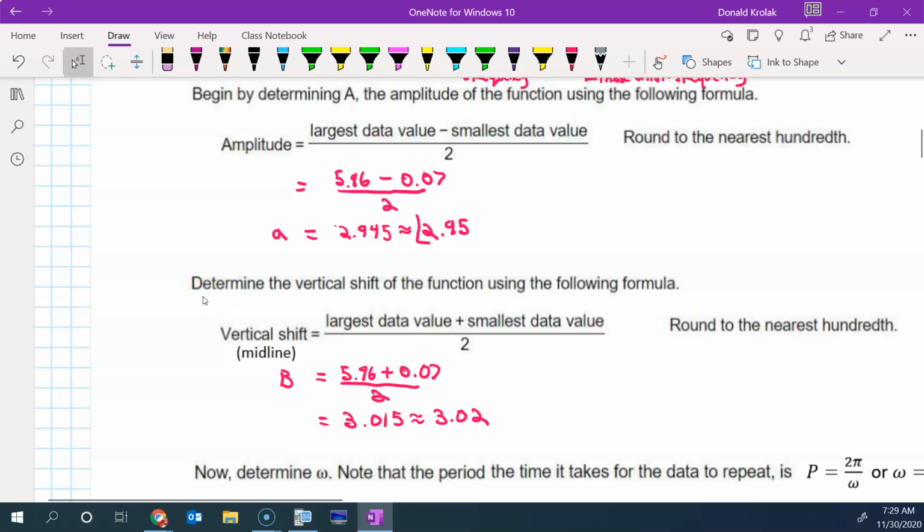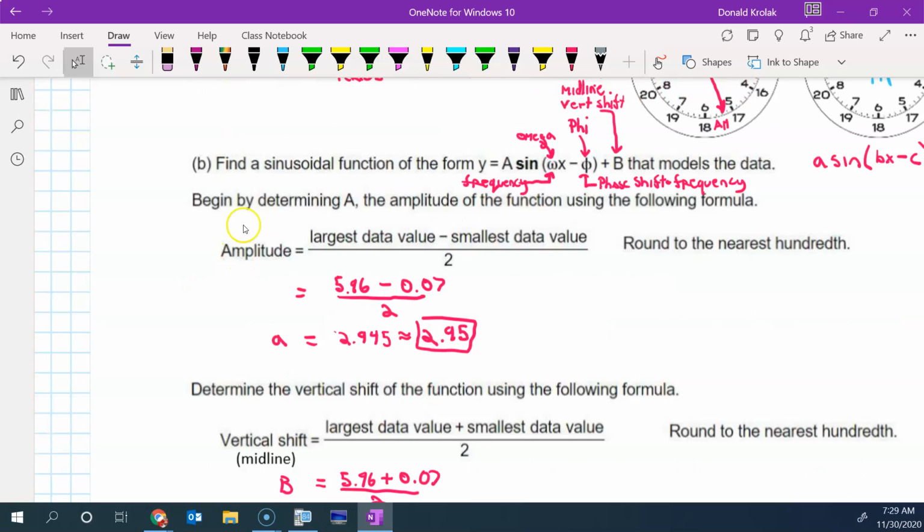So we got our value of A, got our value of what this formula calls capital B.